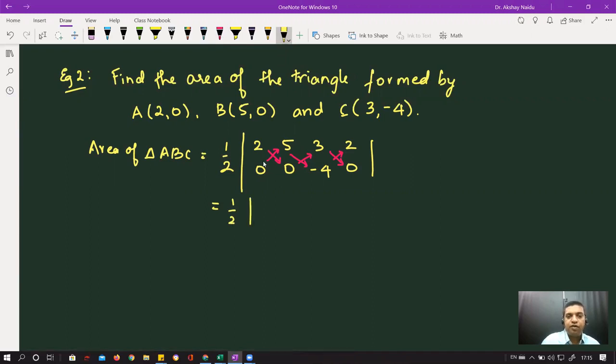half modulus of 2 into 0 minus 0 into 5, then plus 5 into minus 4 minus 0 into 0, minus 0 into 3, plus 3 into 0 minus 4 into minus 2, which is minus 8.